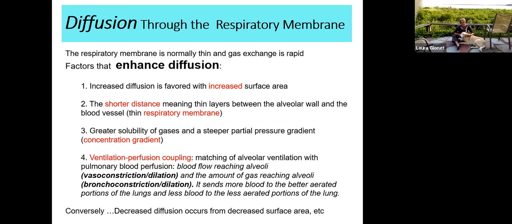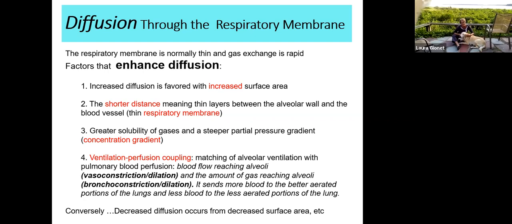The thicker that layer is, the less diffusion will occur. Because blood passes very rapidly. The blood only circulates through the lungs and the capillaries for about 0.775 seconds. Less than a whole second does it enter the lungs and it's right back out again. So you have to have the maximum amount of diffusion occurring.